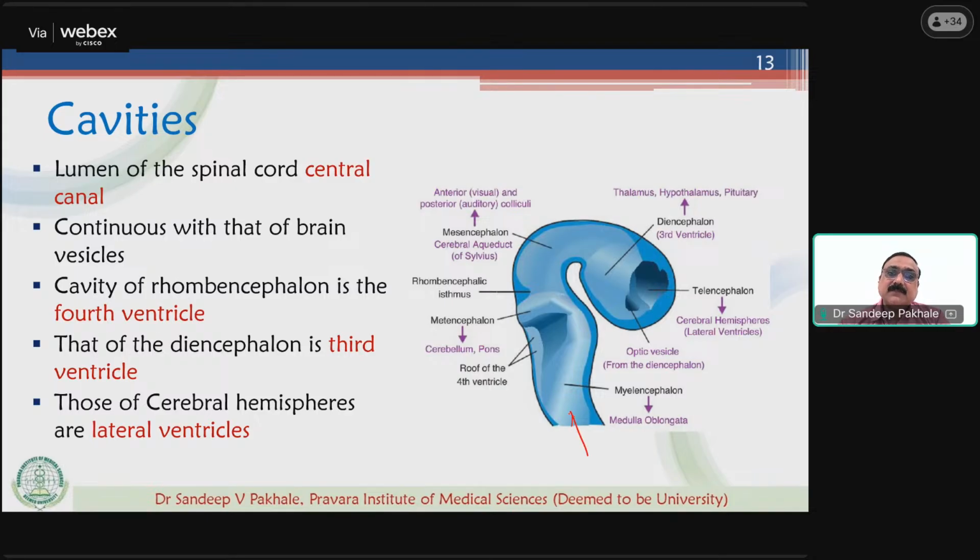As development proceeds, each vesicle forms a specific ventricular component. The rhombencephalon gives rise to the fourth ventricle, which lies between the brainstem and the cerebellum.